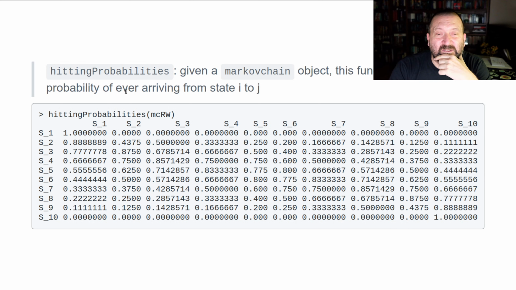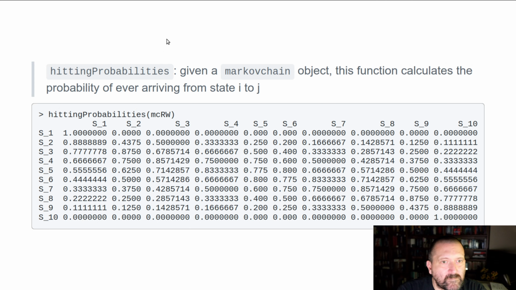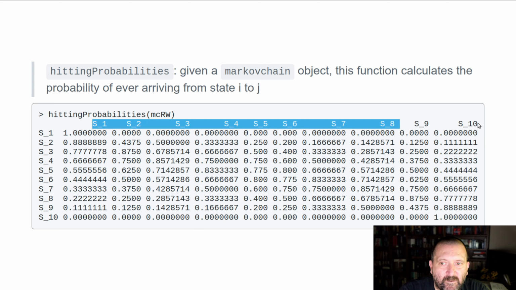Hitting probability is an interesting thing that you can use. If you have a Markov chain, this function calculates the probability of ever arriving from state i to j. So what this is saying is, if I'm starting in S1, what's the probability that I will end up in one of those states?